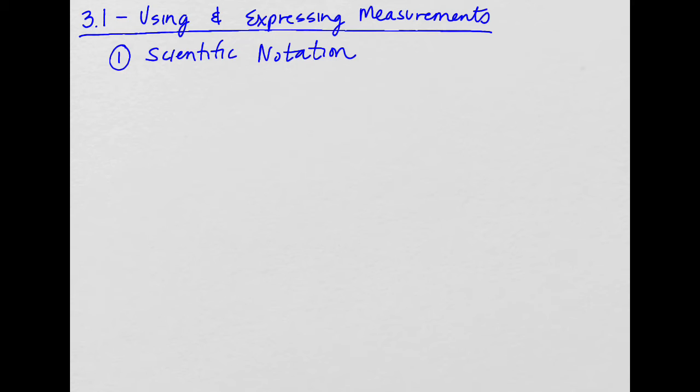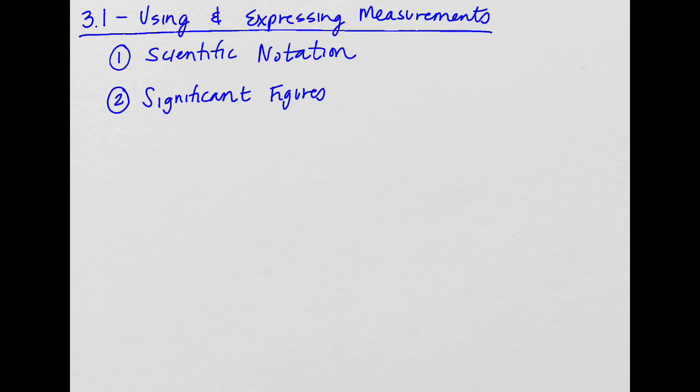Hopefully this is a review, and you've done it in math classes, but we need to be able to write things in scientific notation going forward. And secondly, we're going to cover this concept called significant figures.